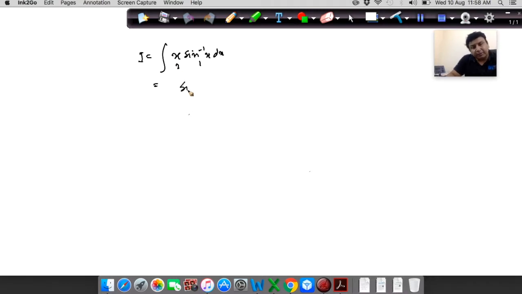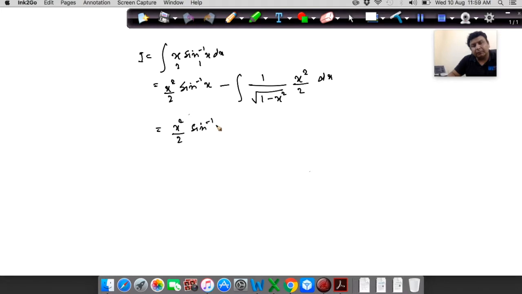So sin inverse x as it is, first function as it is, integration of x is x square by 2, minus integration of differentiation of sin inverse x, which is 1 upon root 1 minus x square, into x square by 2 dx.